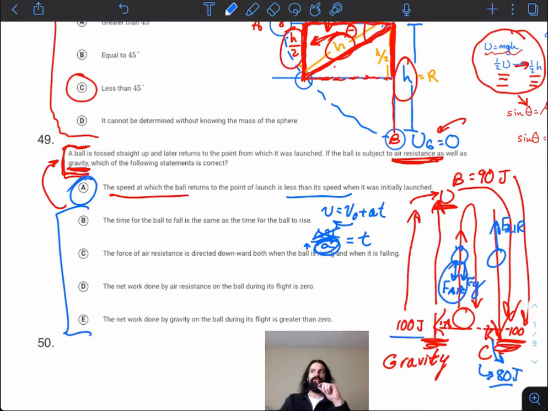No, the air resistance force is bigger the faster you are, and if it's falling slower, then it's not the same. But if it goes up the same distance, but it's falling slower on the way down, then it's going to take more time on the way down. That's why it's true.